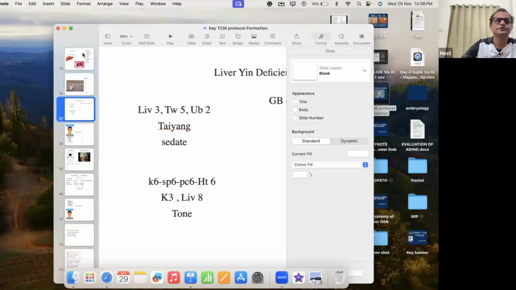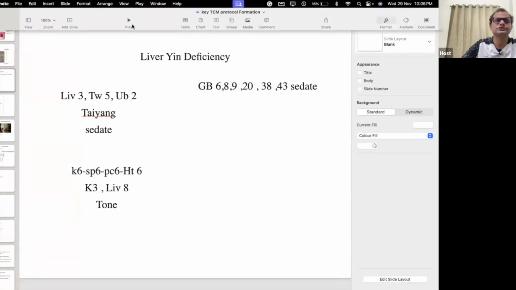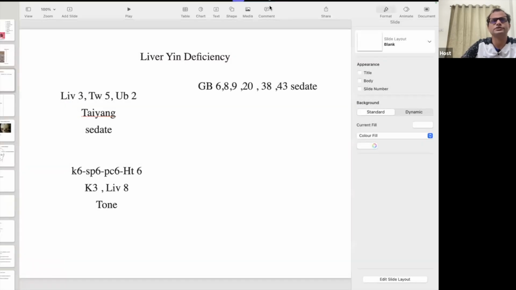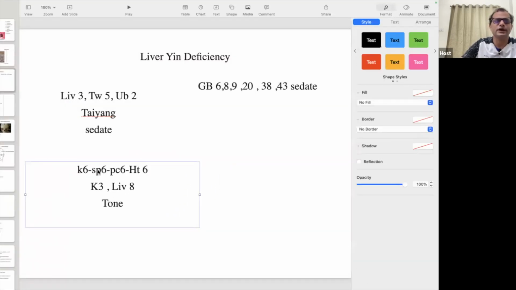Number one is, yesterday I told you, whenever you want to improve the yin, there is a wonderful formula which is called 6666 formula. You can see in this image, in this diagram, this one. Kidney 6, spleen 6, pericardium 6, and heart 6. This is called 6666 formula to improve any type of yin. किसी भी प्रकार के yin को improve करता है. Got it?